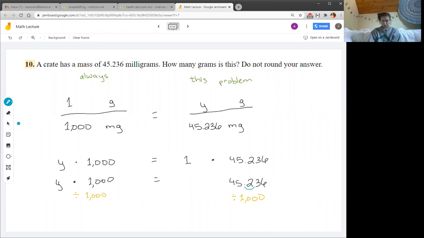If we divide by 10 or 100 or 1,000, we scoot to the left. So we're going to say that in this case, y is 0.045236 grams.